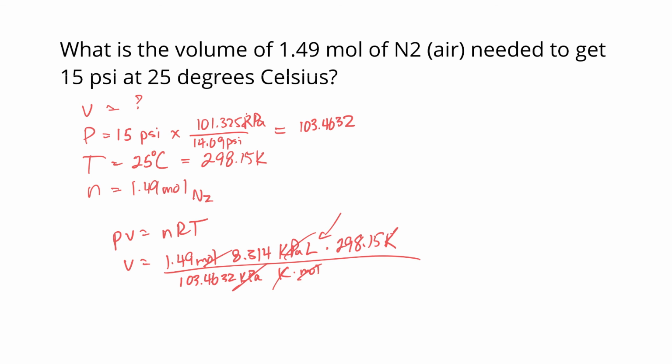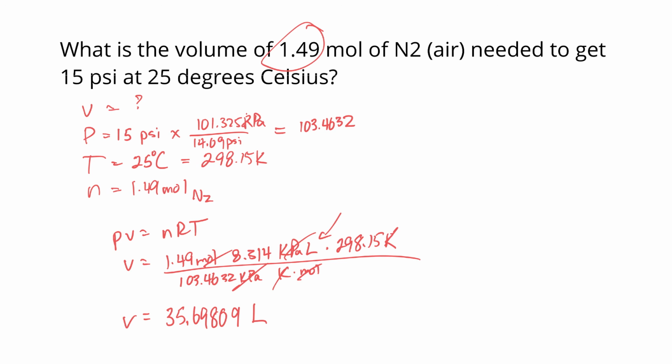Kilopascals go, Kelvins go, moles go. I'm left with liters, perfect. Okay, so 1.49 times 8.314 times 298.15 divided by that other number, and I get 35.69809 liters.